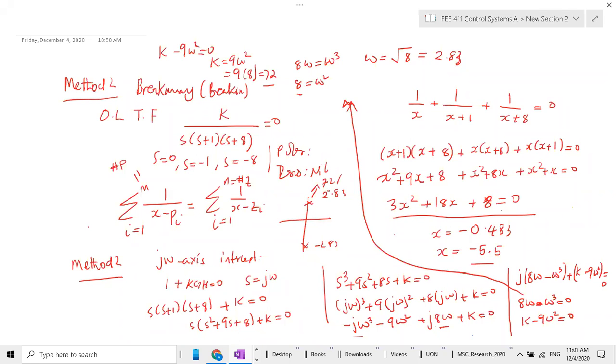It has K over S into S squared plus 2S plus 2. Yes. Okay.